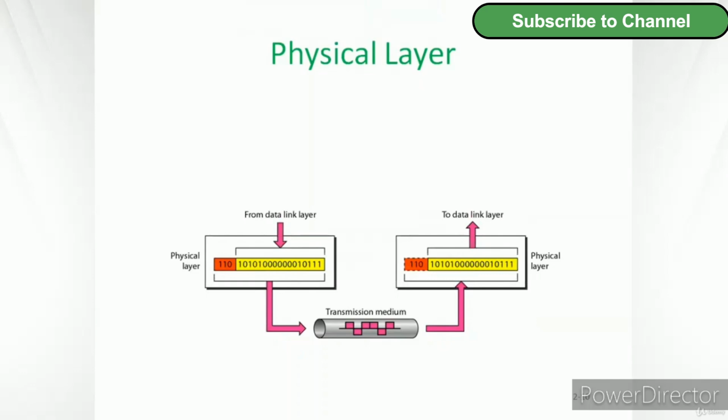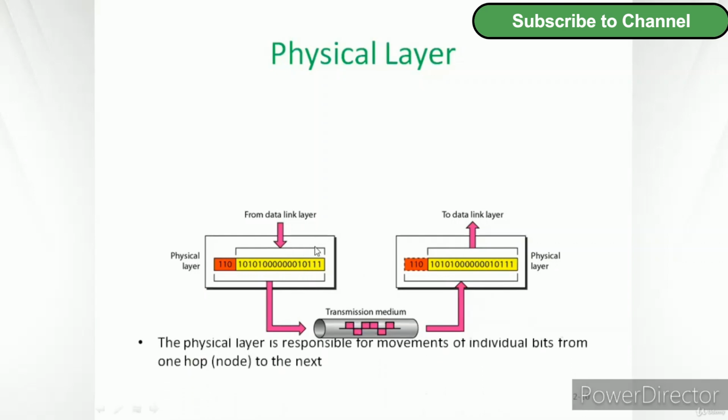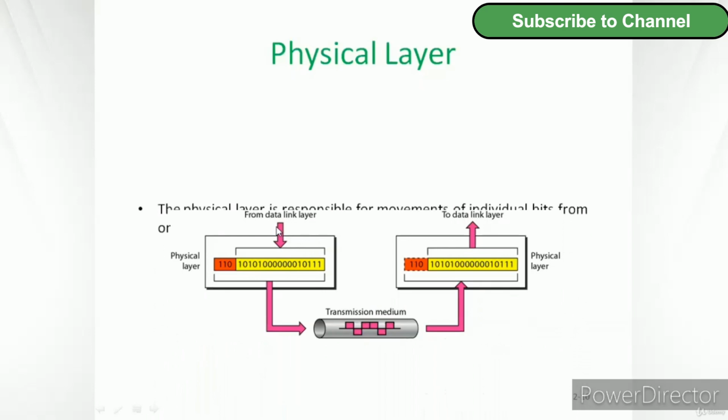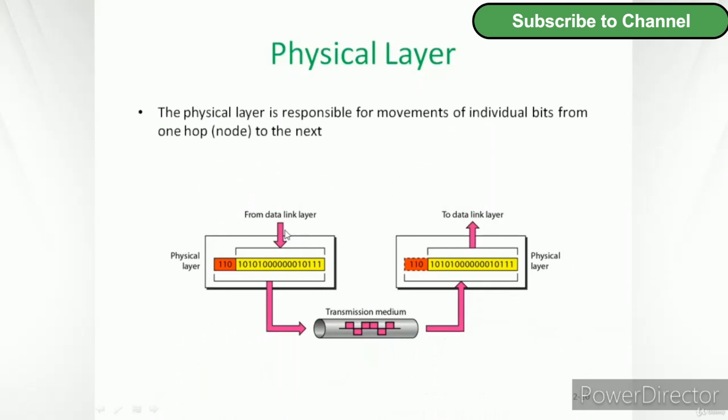First, we will see the physical layer. You can see this figure, which is for the physical layer. It takes the data from the data link layer and transmits it through the transmission media, and it is again given to the data link layer at the destination, or we can say receiver.